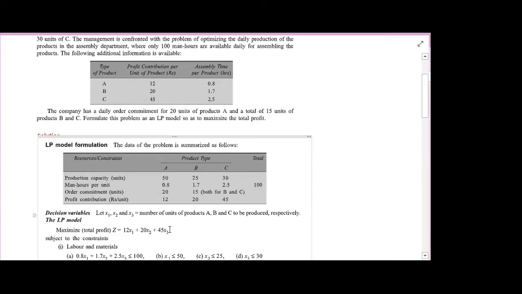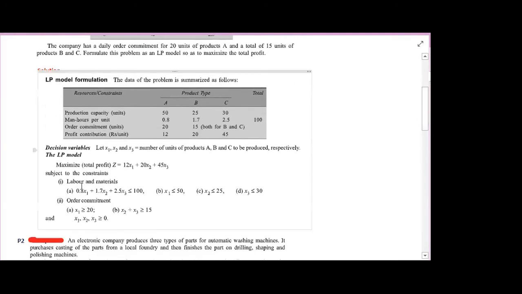And what are the constraints? Subject to constraints, we have the labor constraint first. If x1 is the number of units of A and each unit of A consumes 0.8 hours, then how many hours will be consumed by producing x1 units of A? It will be 0.8 into x1.